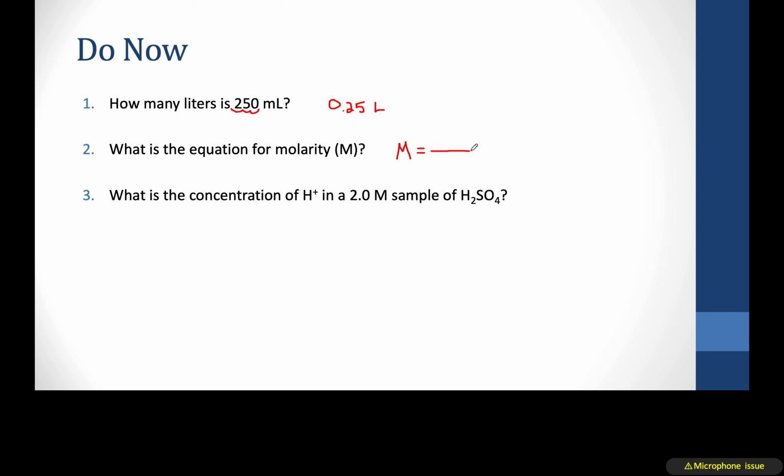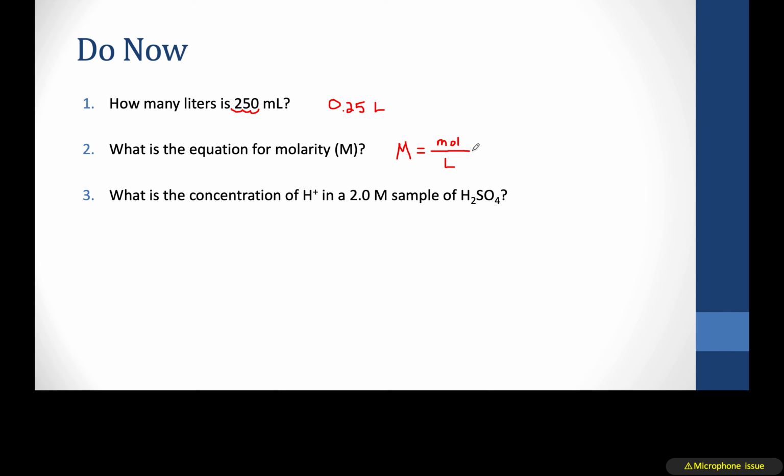Remember, molarity is a measurement of concentration, so it's the amount of particles in a volume. So the number of moles in 1 liter, that's molarity, and that's how you calculate it. If you have 2 moles in 1 liter, the molarity is 2 divided by 1, which is 2.